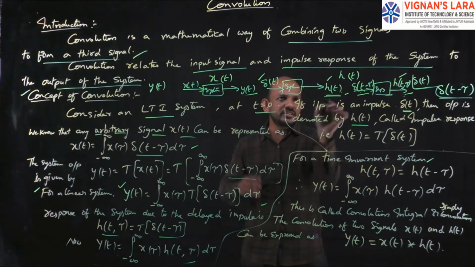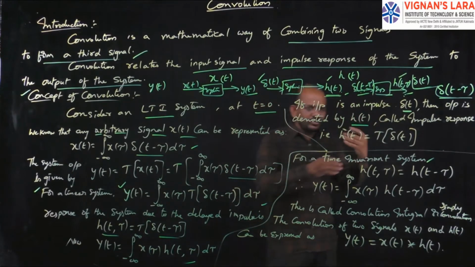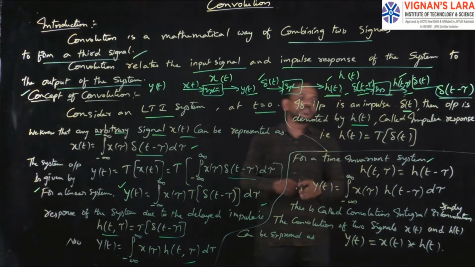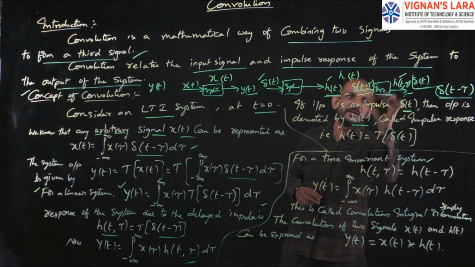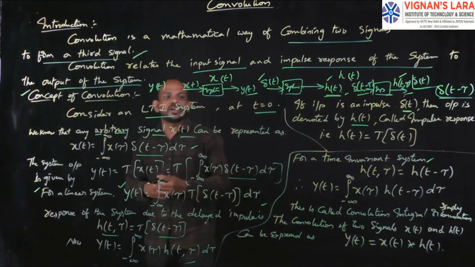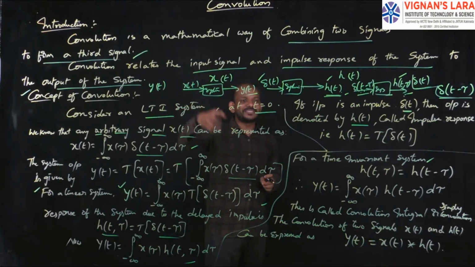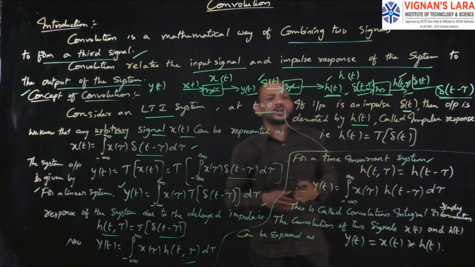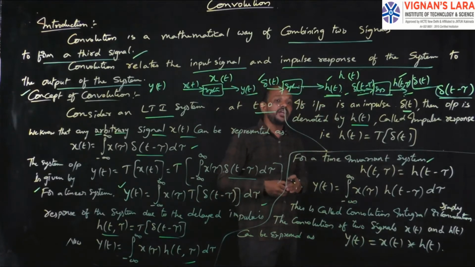For impulse, the output is h of t, so the delayed output is h of t minus tau. That is, as the input is delayed by tau seconds, the output will also be delayed by tau seconds.